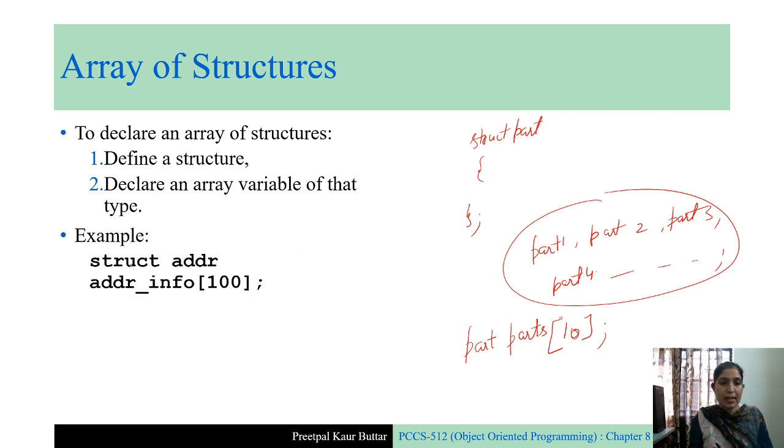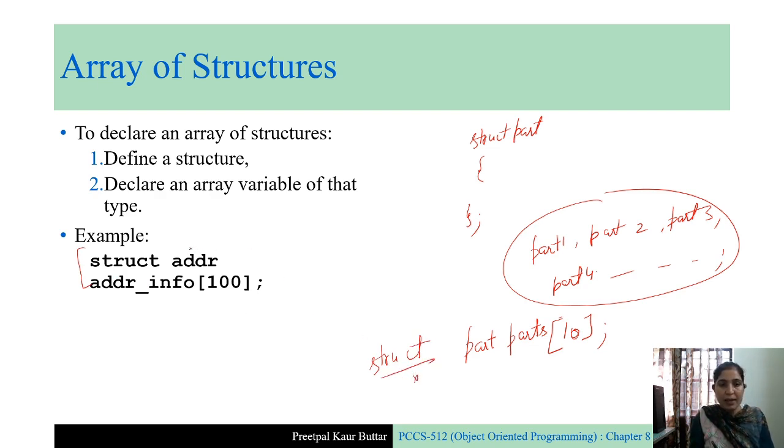Here is another example. If you have created a struct of type address, you are creating this in one line. As I told you, you can write the keyword struct here or you can omit it. This is not compulsory.